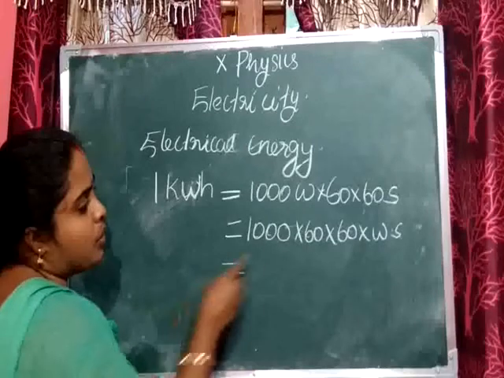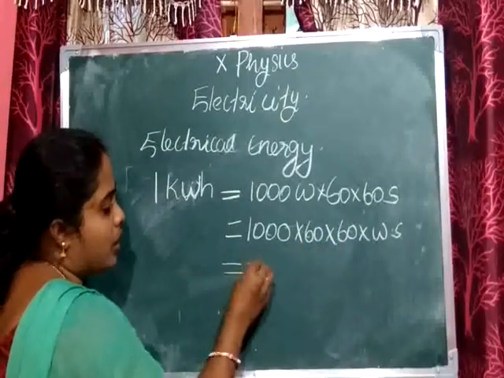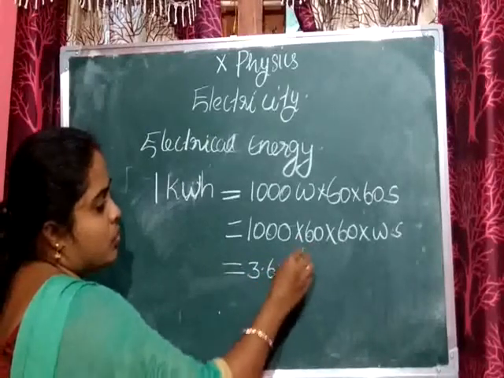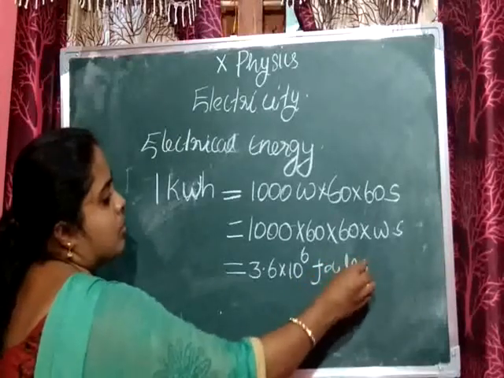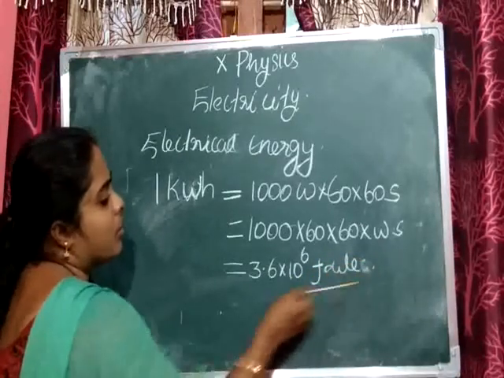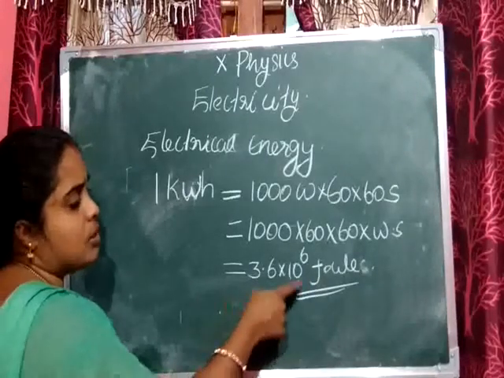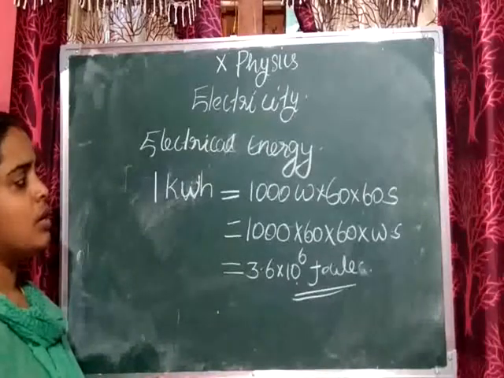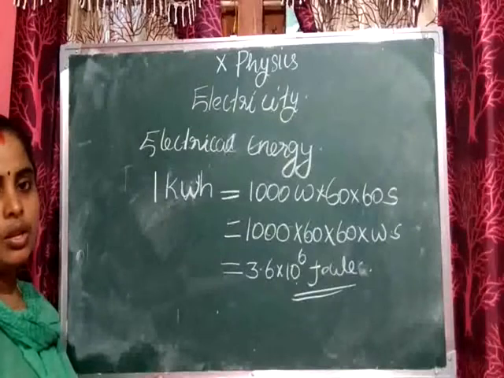Here 6 into 6 means 36, so we can write it as 3.6 into 10 raised to 6 joule. So 1 kilowatt hour is equal to 3.6 into 10 raised to 6 joule. This is the calculation of electrical energy in joule.